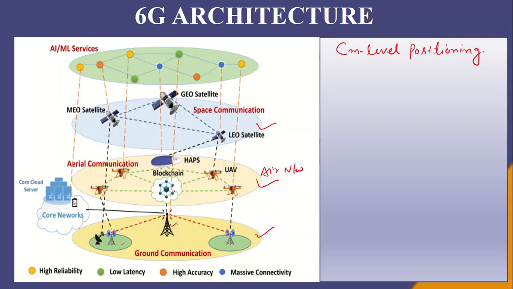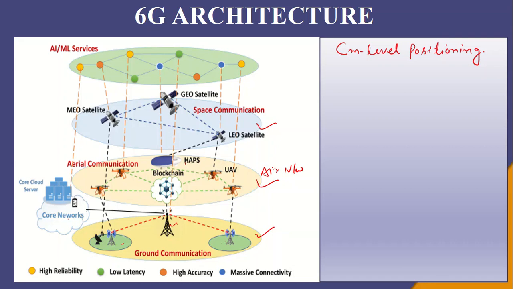This is the ground network, and the air network has the UAVs, that are the unmanned aerial vehicles, that are placed in a triangular form with the help of blockchain, and HAPS are also established here, that is high altitude positioning system.